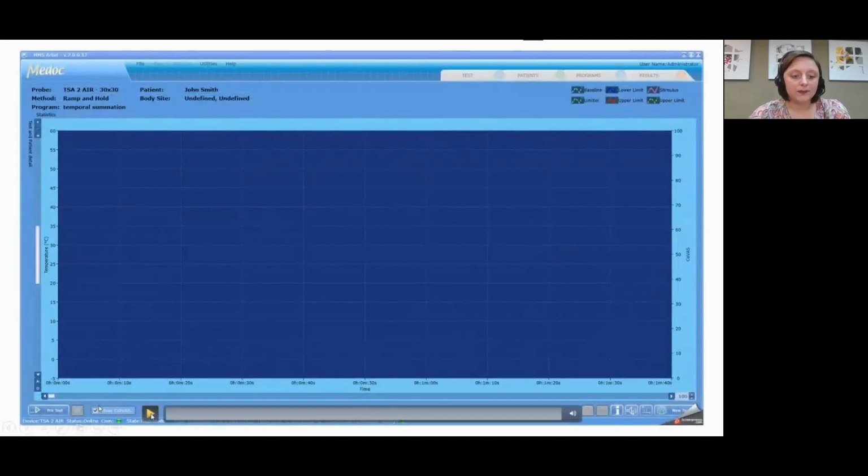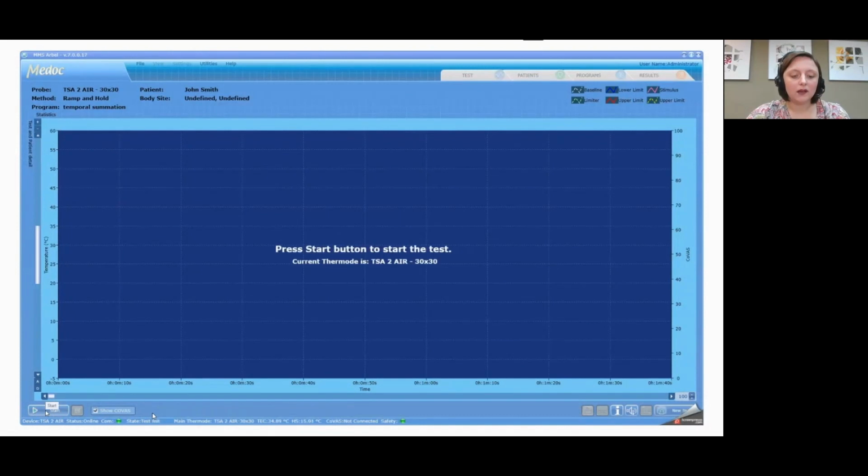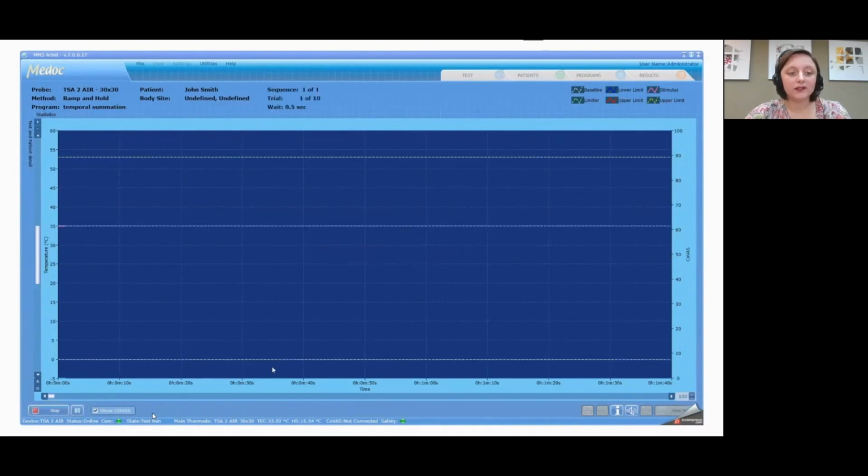So they used 10 stimuli with the similar intensity, went from 35 degrees to 50, stayed there for a very short time, and then went back to the baseline, stayed there, and repeated it, the same stimuli 10 times, and asked the patient to rate the pain. And you can see that this is definitely possible to do with the TSA2 Air.